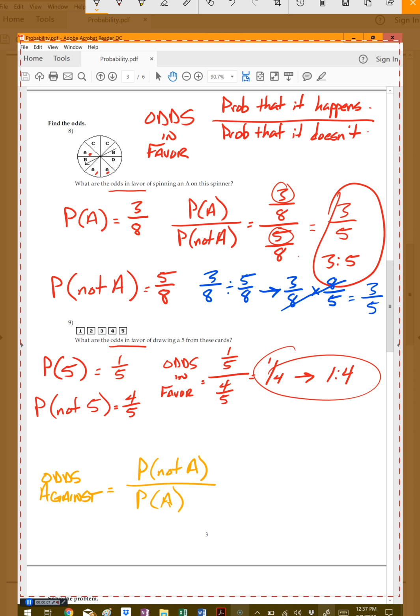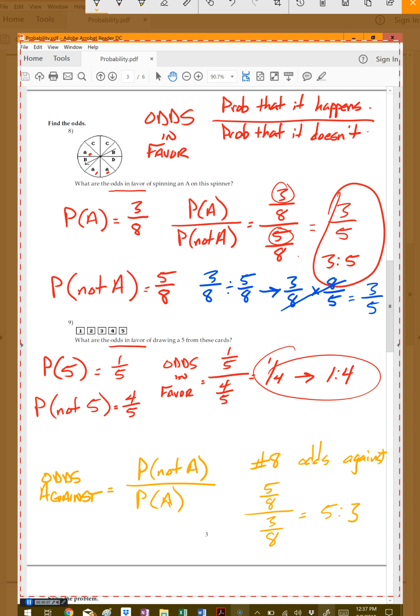If we were to calculate odds against in number 8, then we would do 5 over 8 over 3 over 8, or 5 to 3. Again, doing the simplification the same way, and essentially the inversion again of odds in favor.